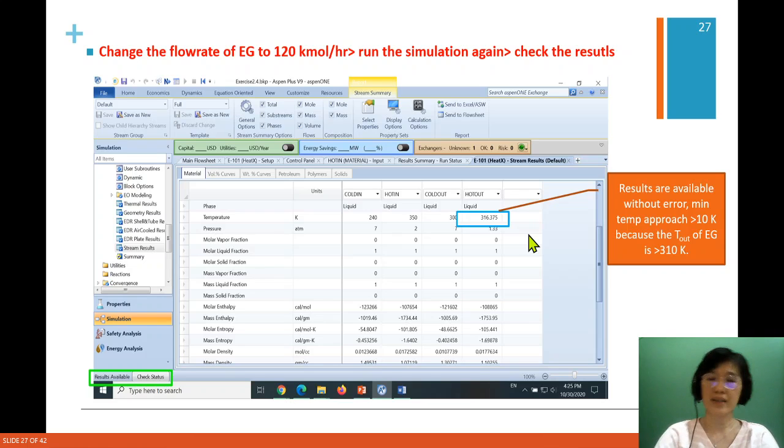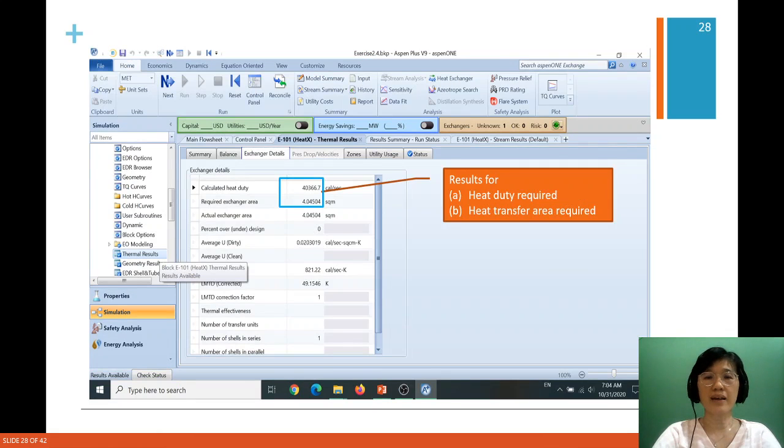Okay. So we have done the minimum temperature approach, and the results are also available without error, meaning all the results available in the simulation are reliable. Then we can start checking the answer that we need to support the question. We first have to determine the heat duty required and also the heat transfer area required.